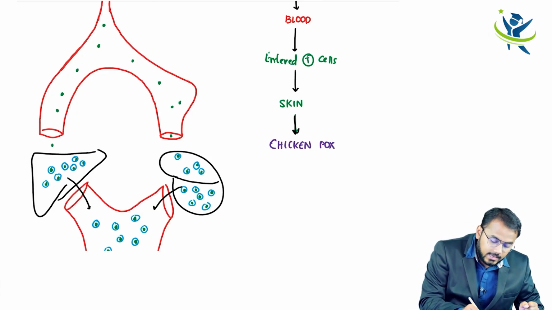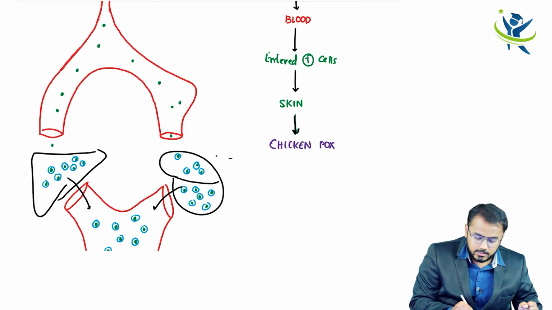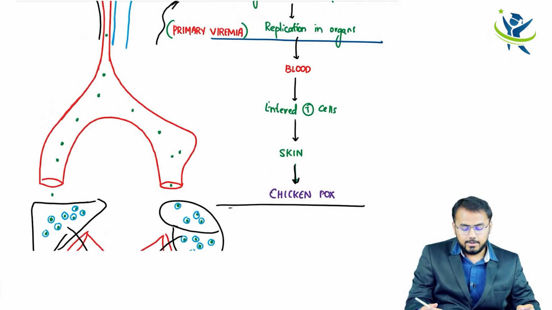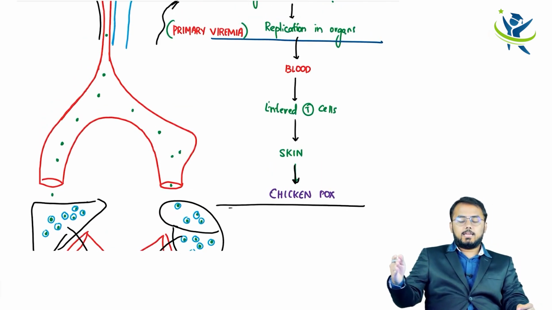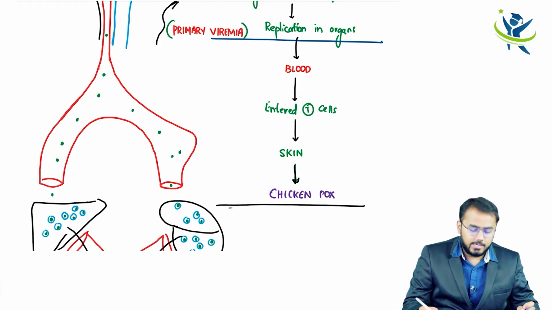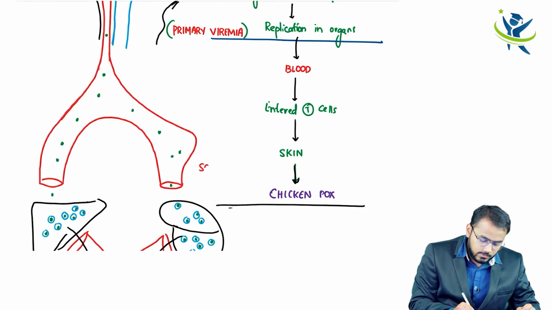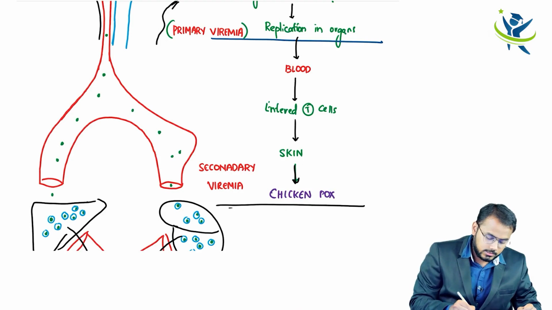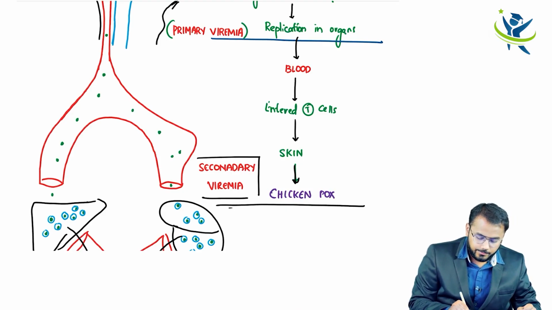Till here, whatever I have discussed, all the way from the entry back into the blood till the affection of T cells, then taking it to the skin and causing chickenpox, this is called your secondary viremia.